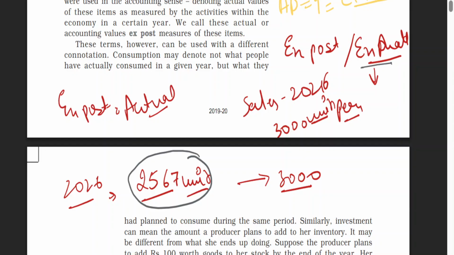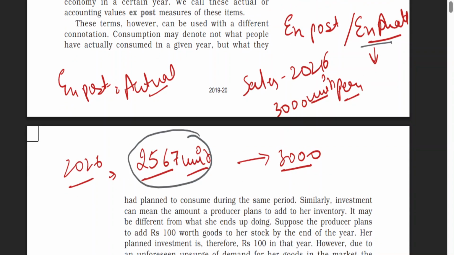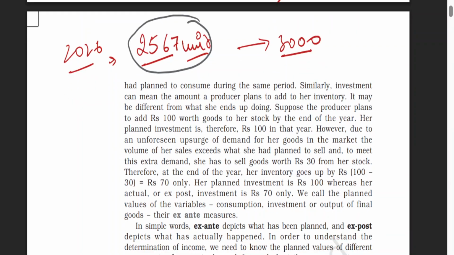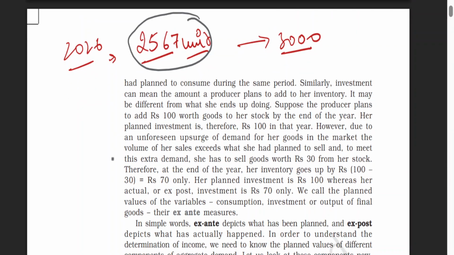You can say this as planned and unplanned also, which we will discuss later. In simplest words, ex ante is what has been planned, and ex post is what has actually happened.